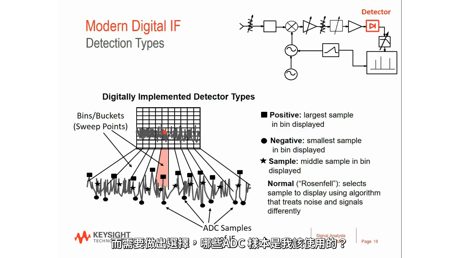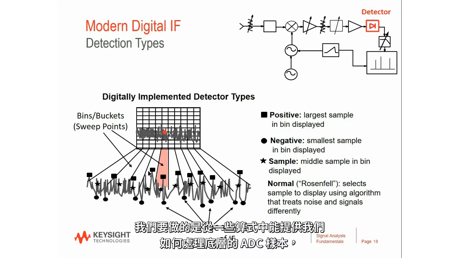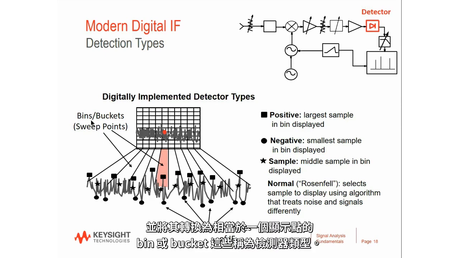Which of those ADC samples do I use, and how do I present those to the display? What we'll do is have some algorithm that tells us how to process the underlying low-level ADC samples and convert that to a bin or a bucket, which is equivalent to one display point. These are called detector types.